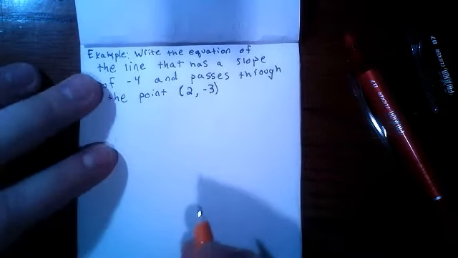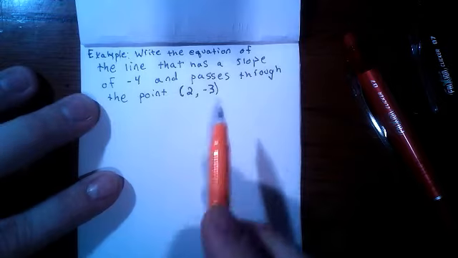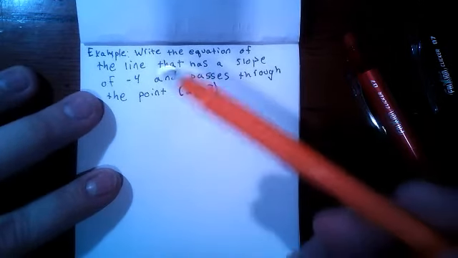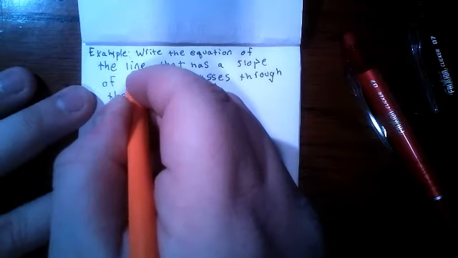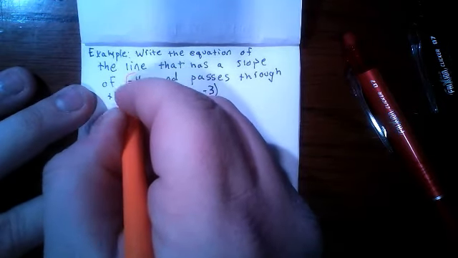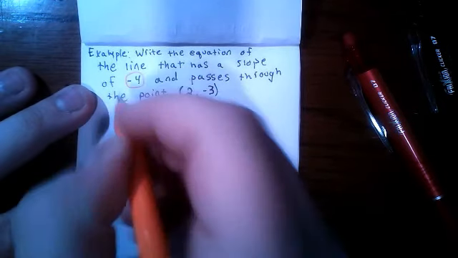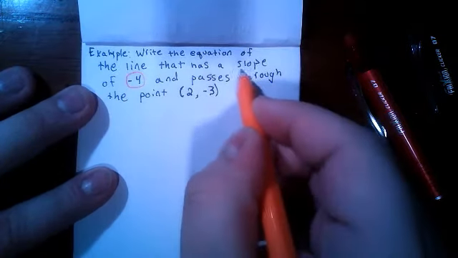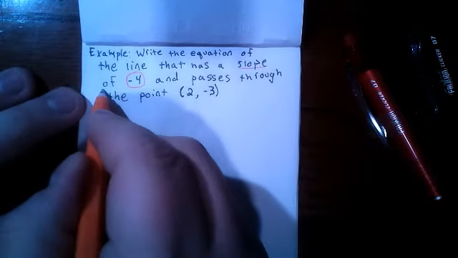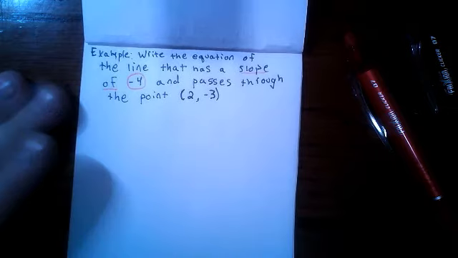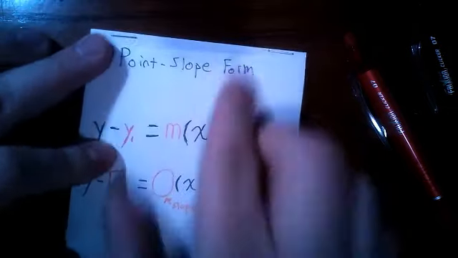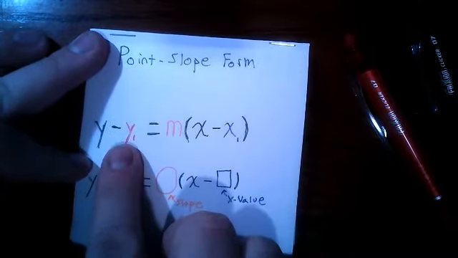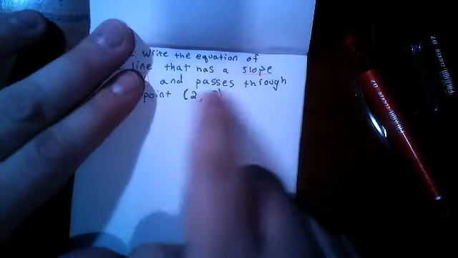So what I want you to do when you have an equation like this is, my slope for these videos, this entry is orange. So I'm going to circle that my slope is -4. And when I talk about point-slope form, I need an x value and I need a y value, which I'm given here.